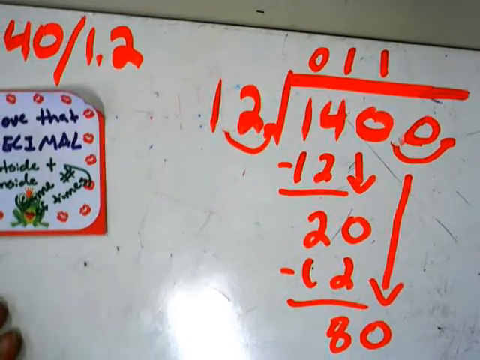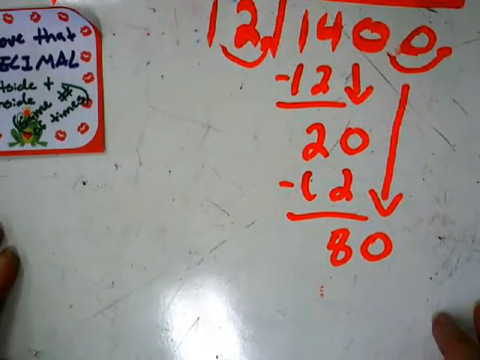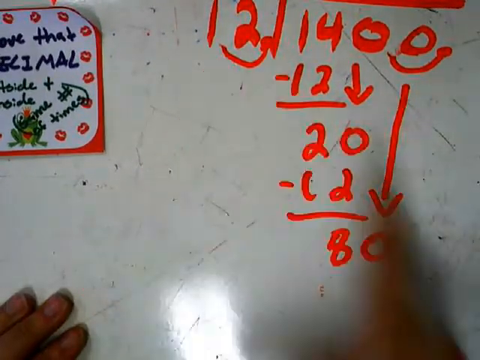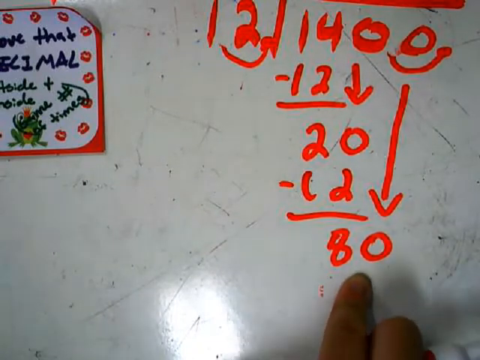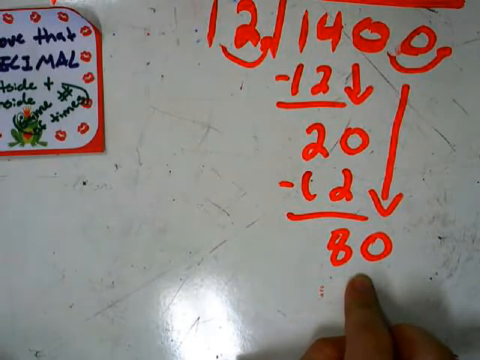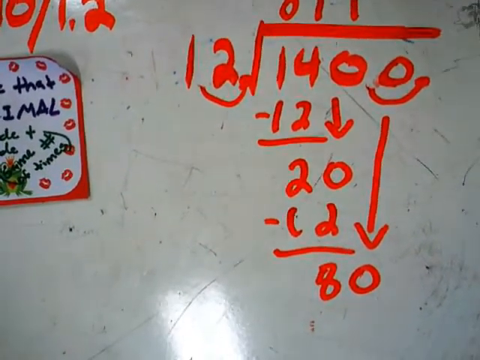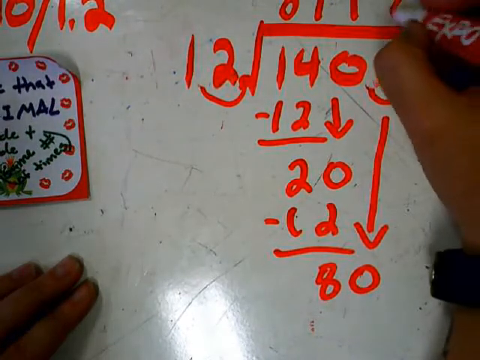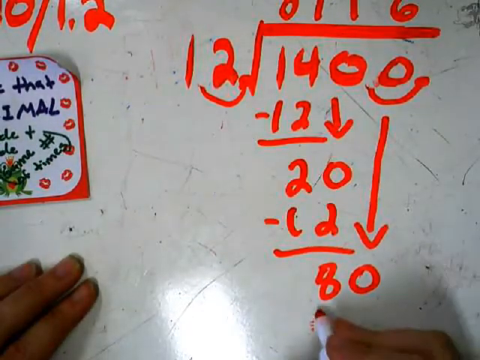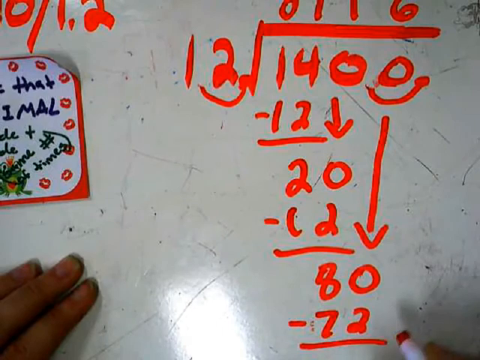Okay, I'm going to move this up a little bit here, guys. Alright, now 12 goes into 80. Now you might have to stop and think about that one a little bit. 12 times 5 is 60, that's not enough. 12 times 7 is 84, that's too much, so it's 6. 12 times 6 is 72, subtract, and you end up with 8 again.